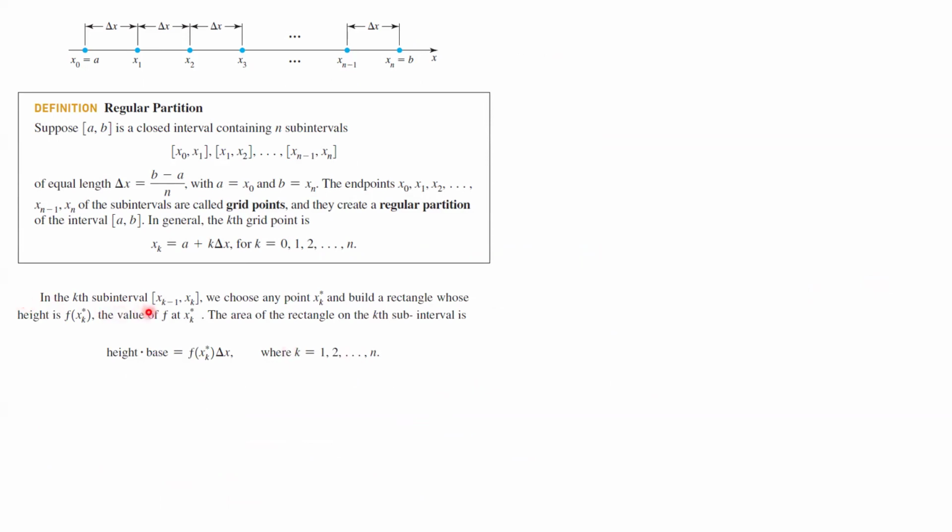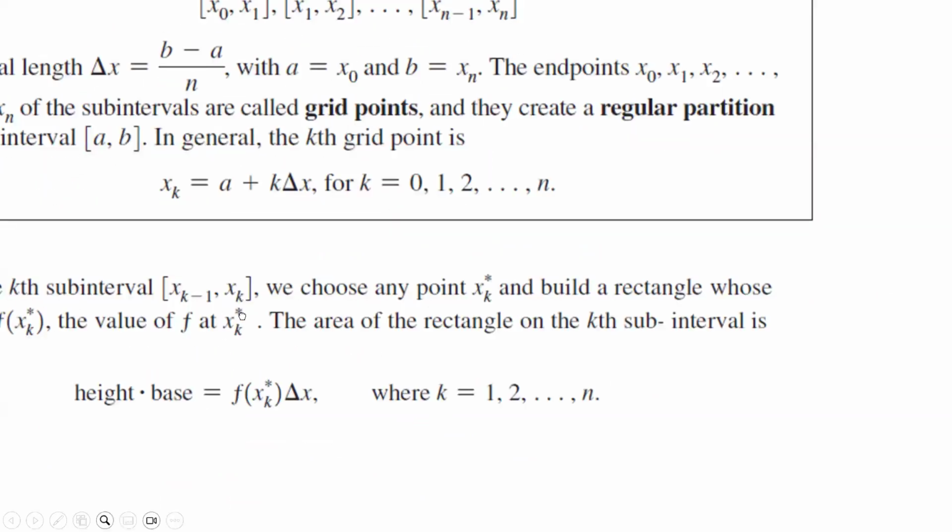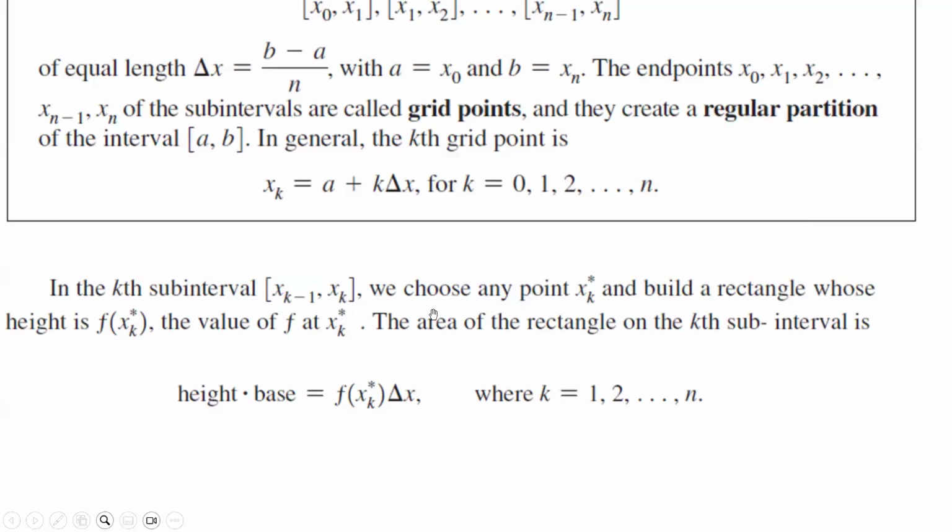In the kth subinterval, x sub k minus 1 to x sub k, we choose any point x sub k star and build a rectangle whose height is going to be f of x sub k star, the value of f at x sub k star, which gives you the height of your rectangle.